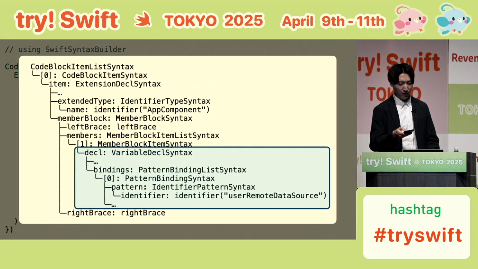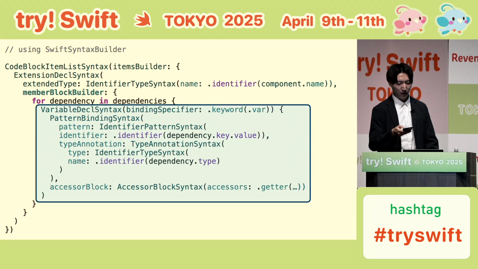Then, we define VariableDeclSyntax nodes as children of ExtensionDeclSyntax by passing them to the member block builder parameter of the ExtensionDeclSyntax.